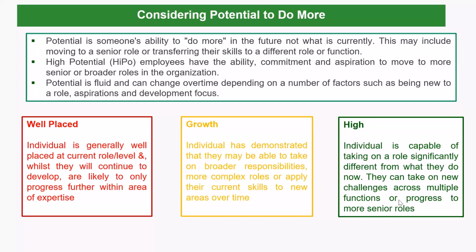This person can not only function across multiple functions but can also assume, for example, when a certain manager or director is on leave, they will ask this person to come in as interim director. He does that for some weeks or some months. When the person comes back, he goes back.